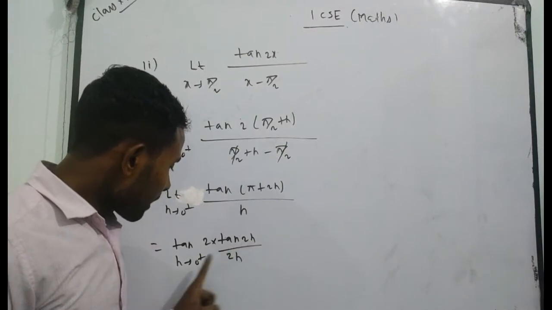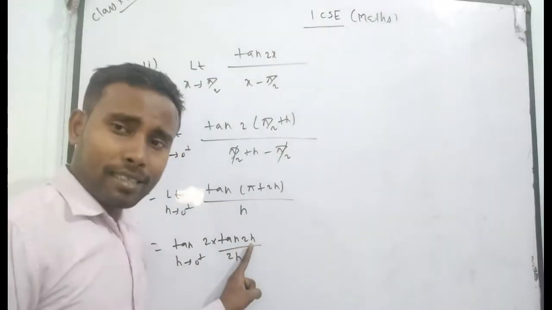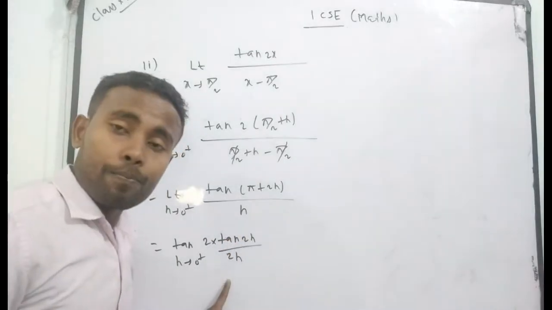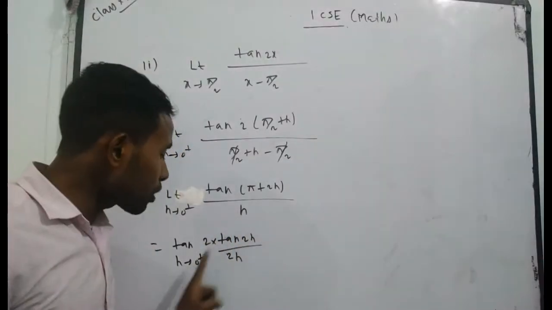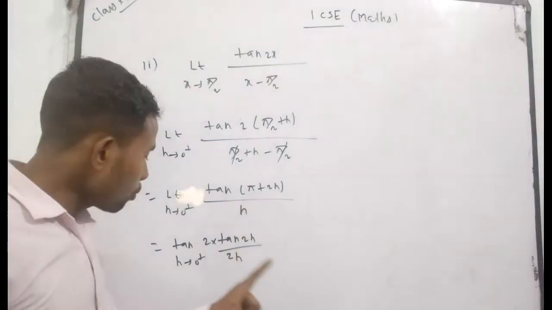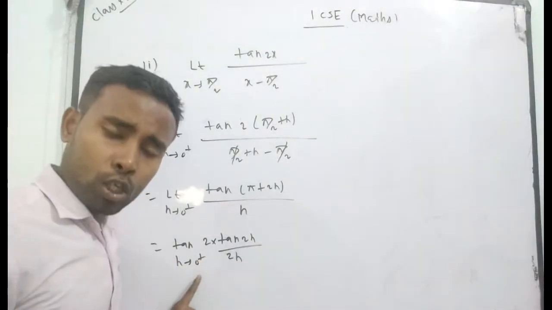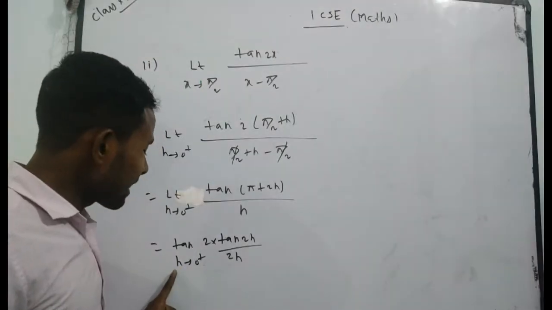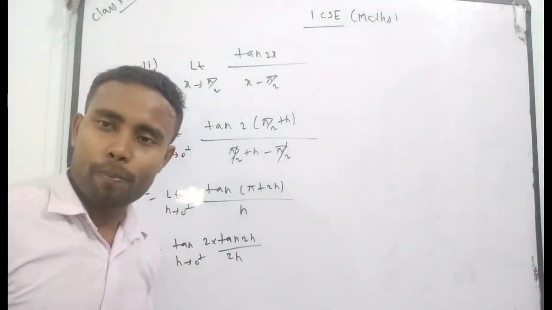Here in place of x there is 2h. Definitely tan 2h by 2h approaches 1 if 2h approaches 0. If h approaches 0, then multiplying both sides by 2, 2h also approaches 0.